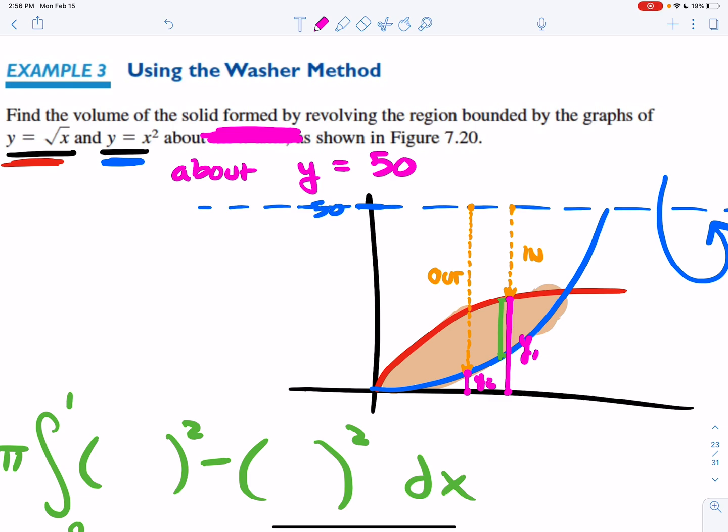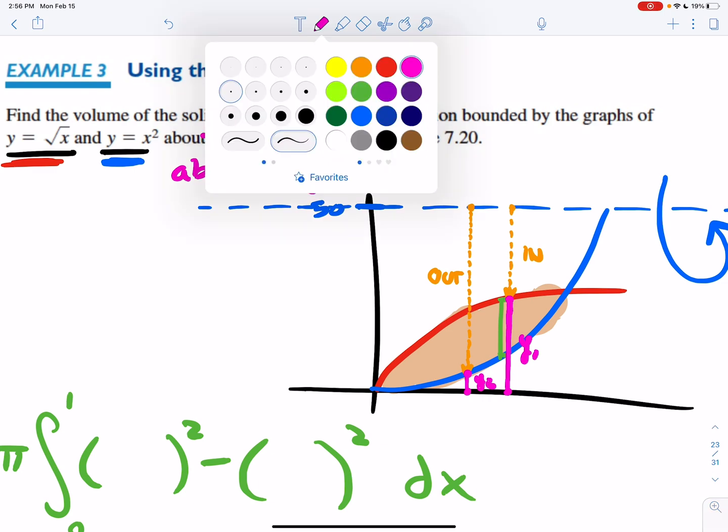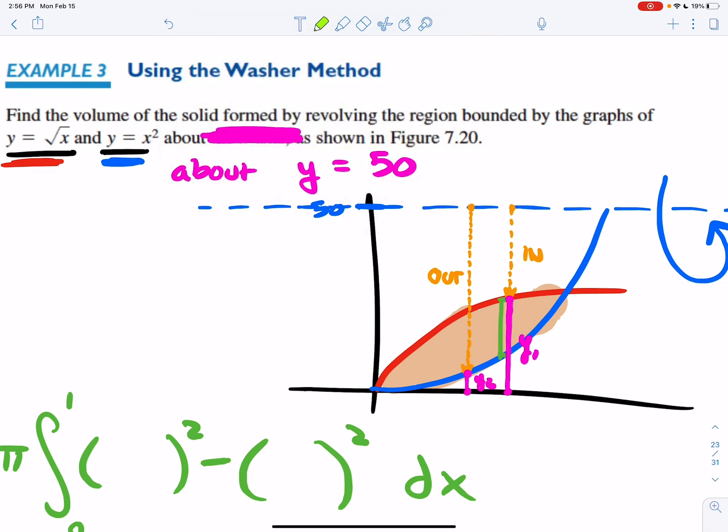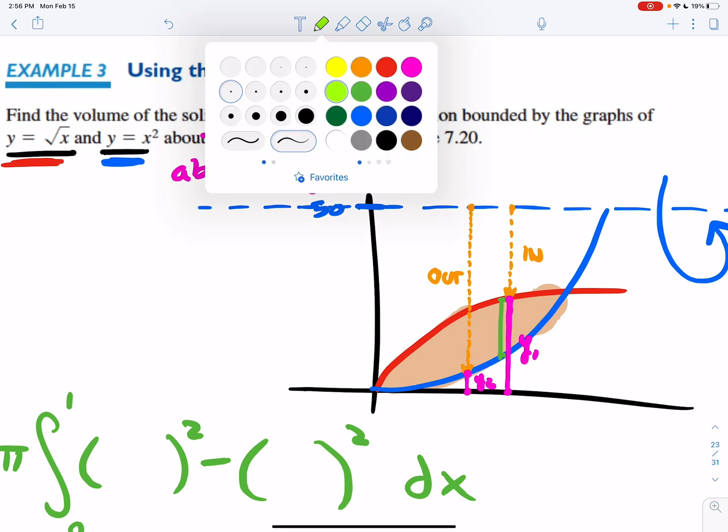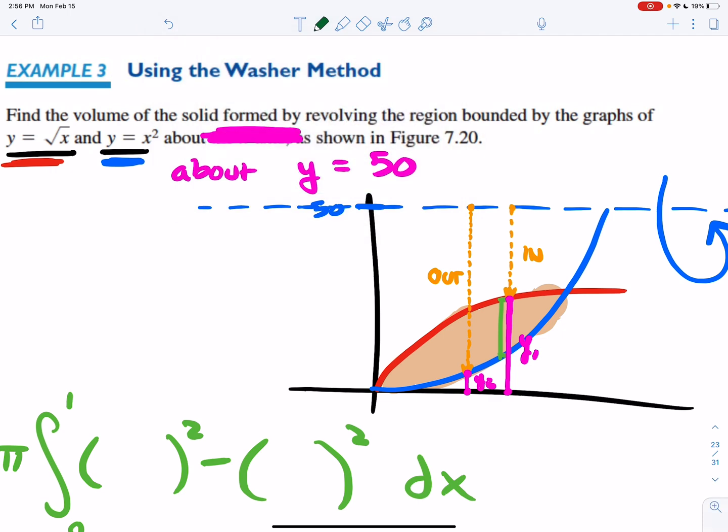Think about how you guys would get that length. Press play, really think about it. Pause, and then press play when you figured it out, okay? All right, here we go. So here's what we know. We know that from the x-axis all the way up to the axis of revolution, that's 50. Because when we go from 0 all the way up to the 50 line, that's a length of 50.